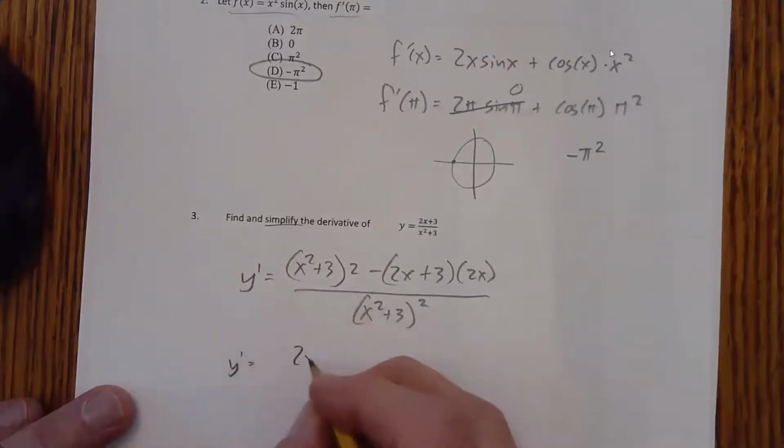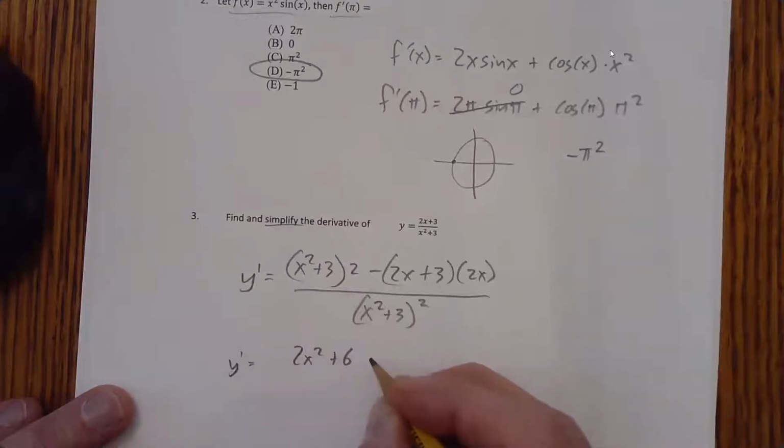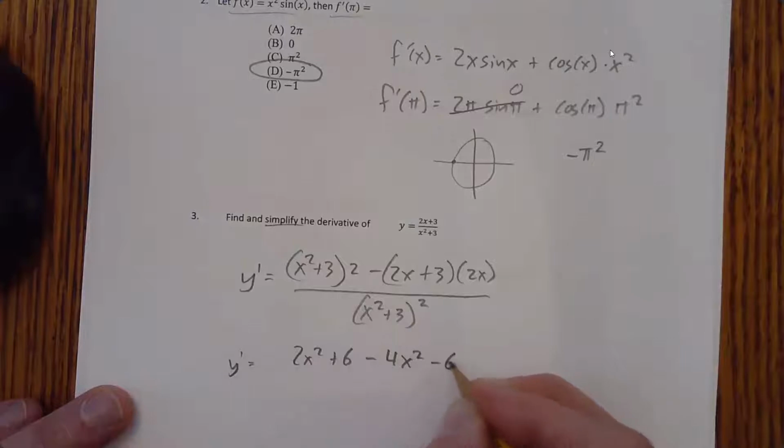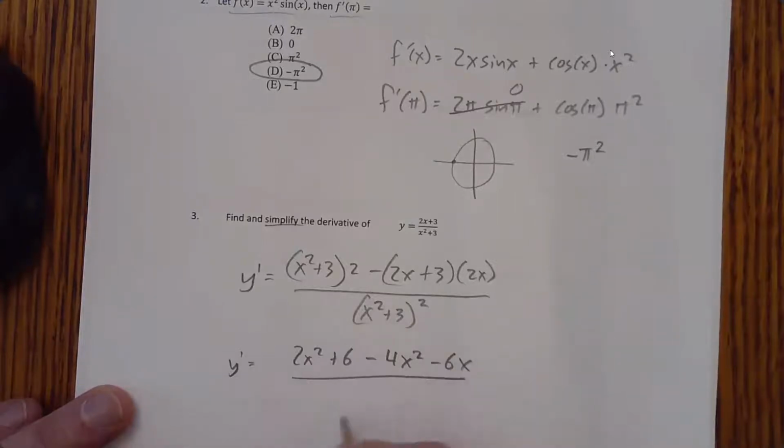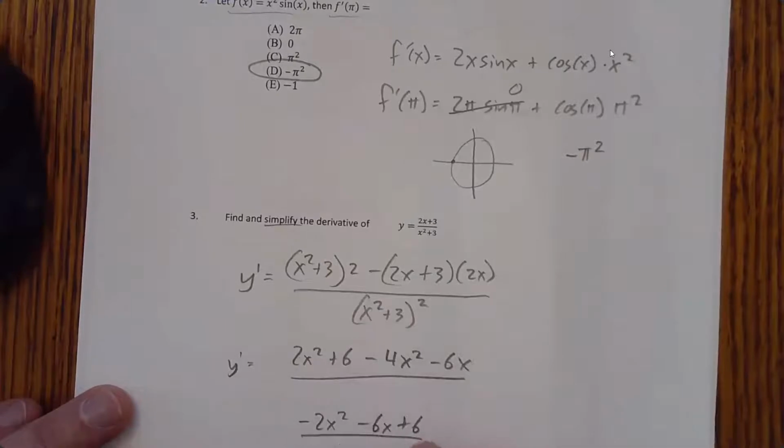So it's going to be 2x squared plus 6 minus 4x squared minus 6x. So I get minus 2x squared minus 6x plus 6 over x squared plus 3 squared.